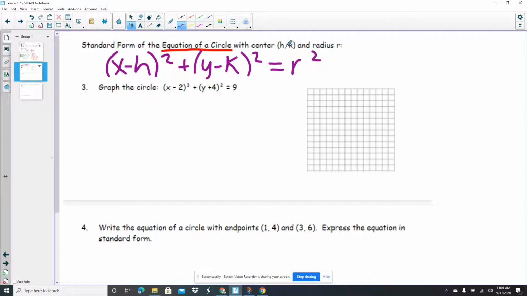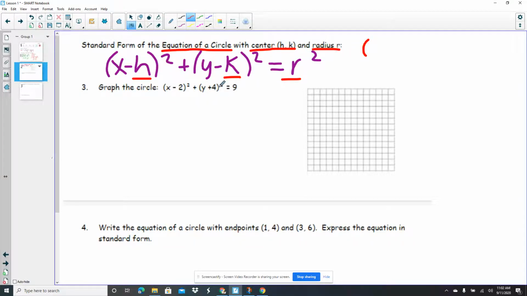Derived from the Pythagorean theorem? Okay. So we have an h here and a k here and an r. What do the h, k, and r stand for? The (h, k) is the center and the r is the radius.